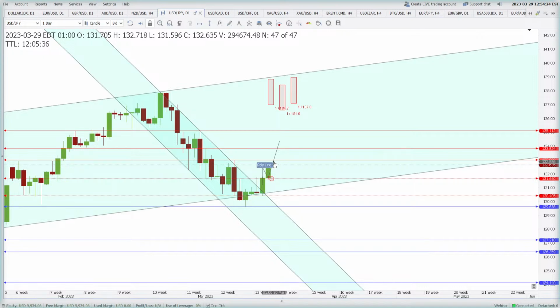On the contrary, if it fails and starts coming down, then we will be expecting support at 131.66 and also at 129.63, because these are the levels to be seen on the daily chart. And if it is able to break 133.00, then 133.82 will be exposed, and later on 135.11 will be exposed in this market. I hope you know the levels now.